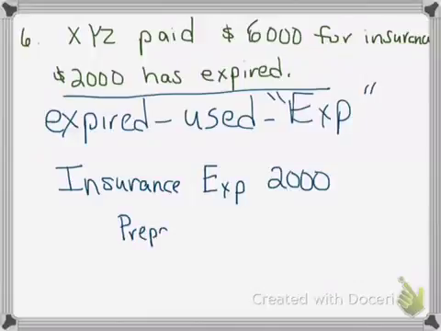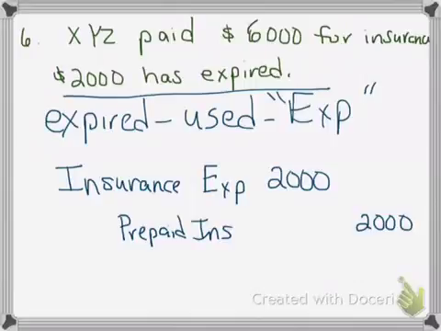Prepaid insurance, because I'm taking it out of that prepaid account. And so my prepaid insurance account would now have $4,000 in it, because I had $6,000, I've used $2,000, so I'm left with $4,000 as my balance in that prepaid insurance account after this entry is finished.